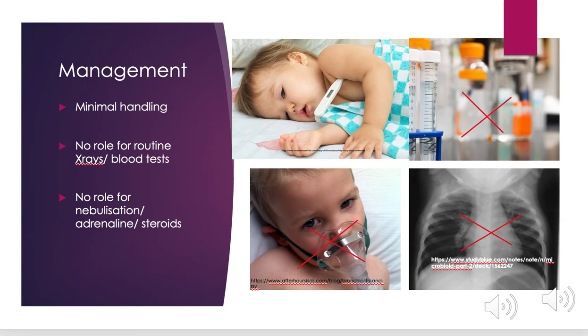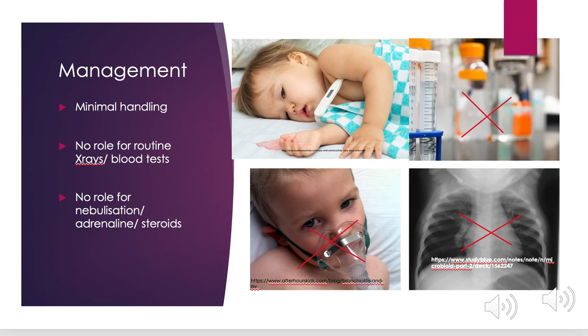So if I were to summarize, the management would consist of minimal handling. There's really no role for routine x-rays and blood tests as we've just discussed. Antibiotics you do see quite a bit with bronchiolitis because the hemodynamic parameters are quite similar and would trigger the sepsis 6 parameters. However, this is a well-recognized sepsis mimic.